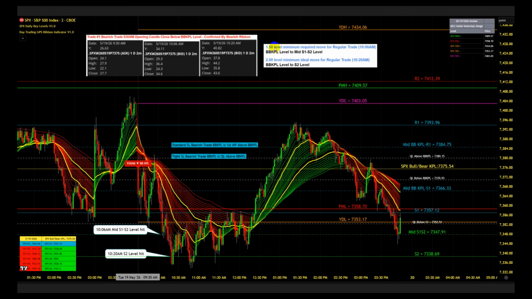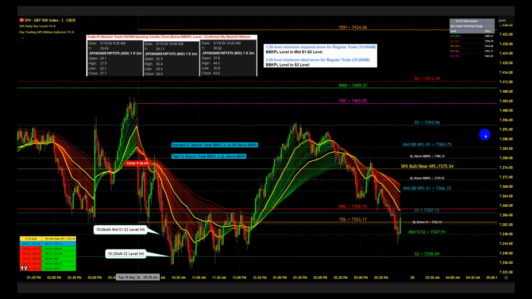The reason there's a difference between these two is that the 2 level minimum ideal move is called the minimum ideal move because in 80 to 85% of the sessions that you will see in a normal year, in a normal volatility environment with SPX, a 2 level extension away, up and down from the bull bear KPL, is going to be the range.